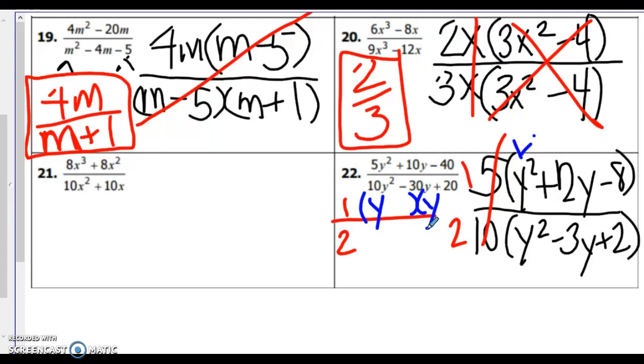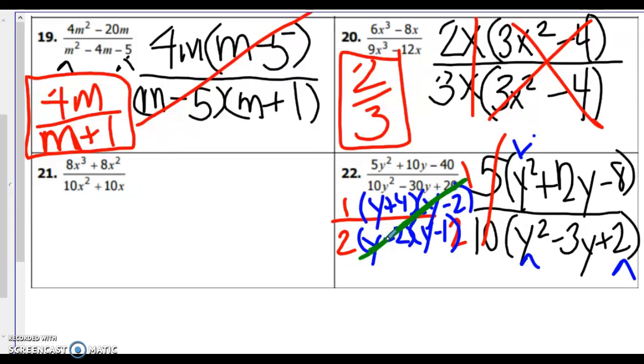And what multiplies to give me negative 8, but adds to give me positive 2? Positive 4 and negative 2. And then on the bottom, I have to do the same down here. So what multiplies to give me positive 2 and adds to give me negative 3? Y minus 2 and y minus 1. Okay, do you see anything that cancels out? I do. There it is.